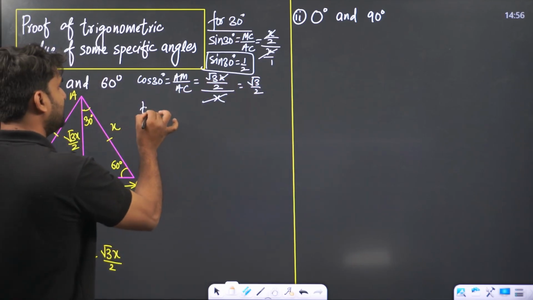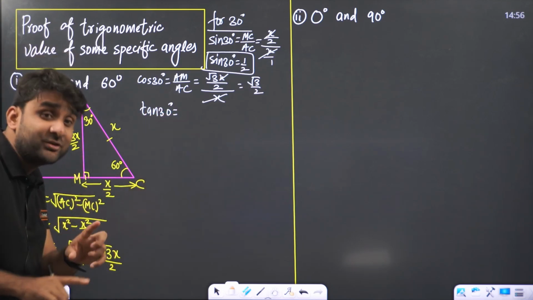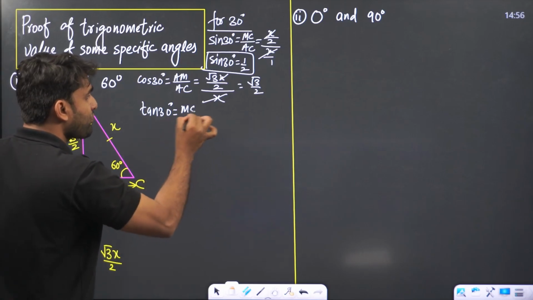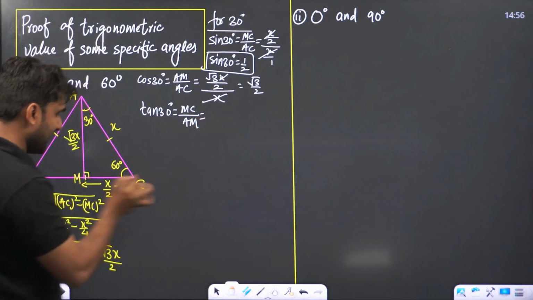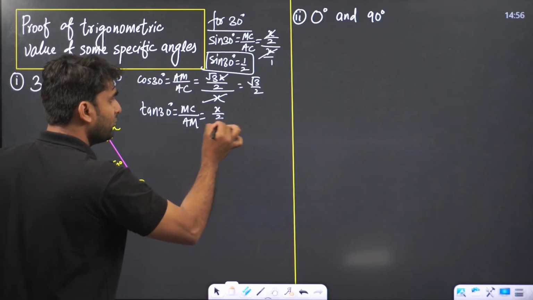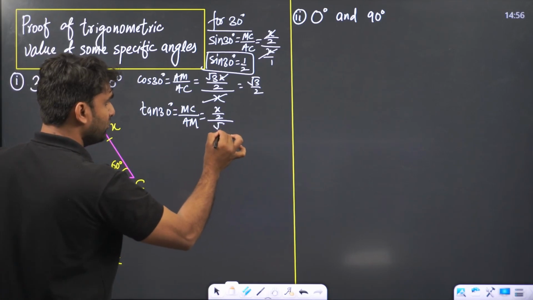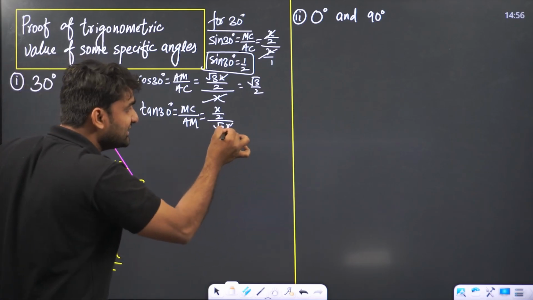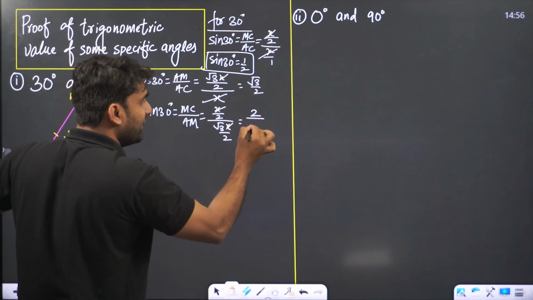Similarly, tan 30 degree. Tan is what? Perpendicular by base. So for 30 degree, perpendicular will be MC and base will be AM. So MC we have is x by 2 and AM we have is root 3x by 2. Clear, everyone? X will cancel, and 2 divided by 2 into root 3.